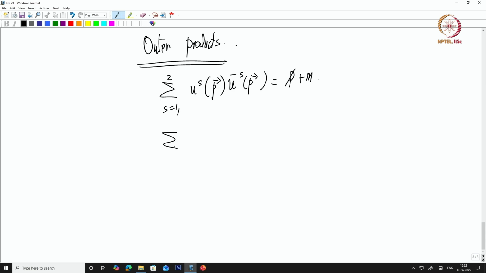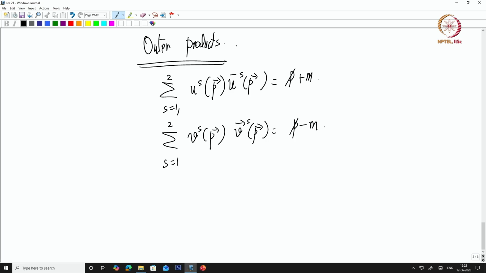Similarly, for v, the sum over S from 1 to 2 of v_S(p) v̄_S(p) is equal to p-slash minus m. Or in the other notation, we can put the S in the bracket itself.